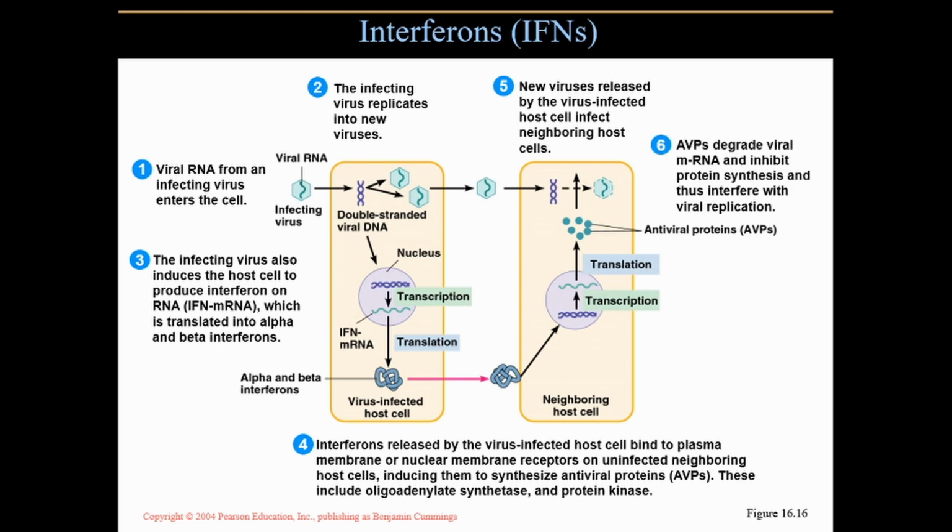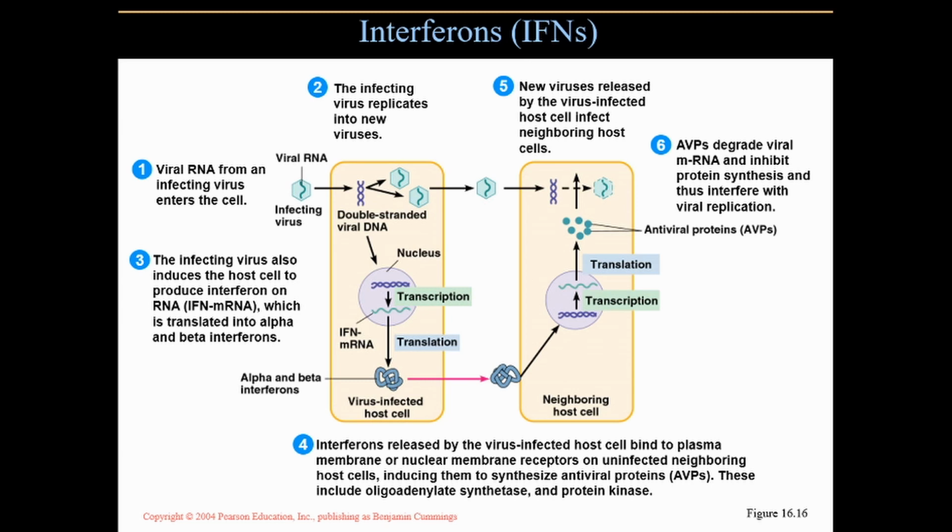As a result, then, the AVPs, the antiviral proteins, degrade viral messenger RNA and inhibit protein synthesis and thus interfere with viral replication. And so because they have these preemptive chemicals, these AVPs, the viruses then cannot carry out their process of replication.